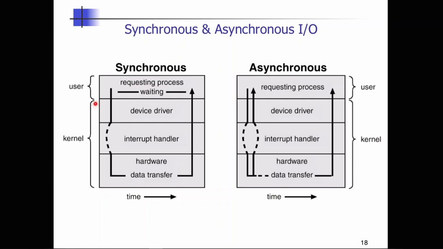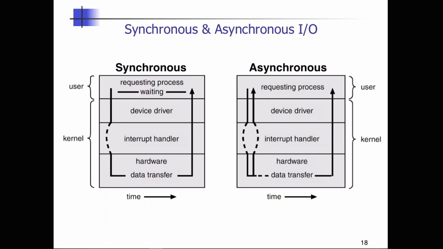But below that user space, you have a kernel space, which includes a device driver, which is specific to that particular device, an interrupt handler, and at the bottom you have the hardware, which comprises the IO device itself and the IO controller or the device controller, which is where the data transfer occurs.